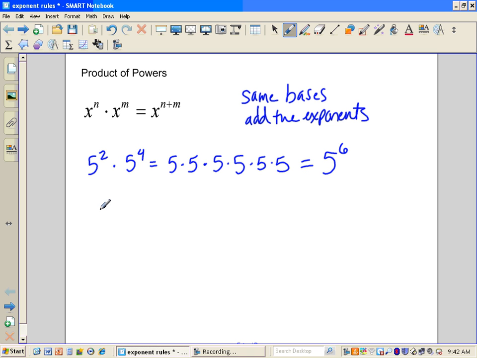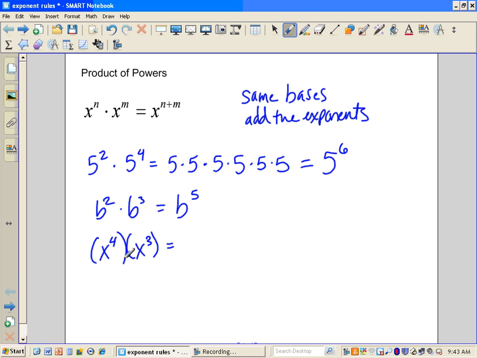If we want to do this in a more simplified version, we don't have to do it out the long form. We can just do b squared times b to the 3rd. But we just know we're going to have to add those, so this is going to become b to the 5th. That's with variables. Or another way we might see this is x to the 4th multiplied by x to the 3rd.